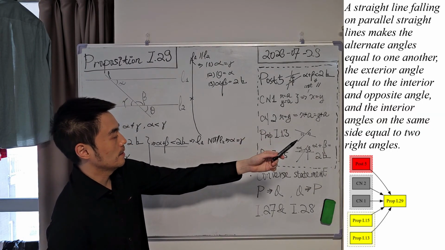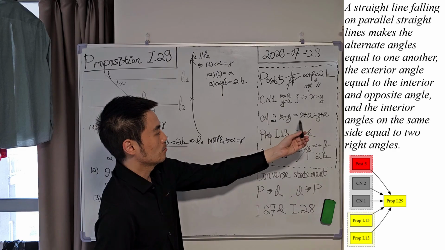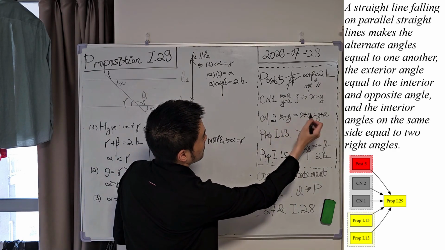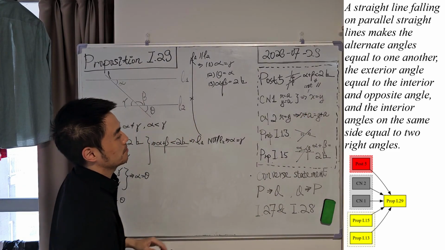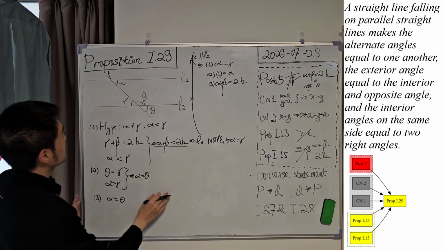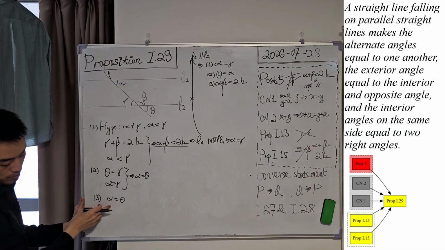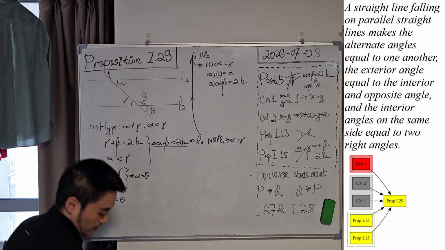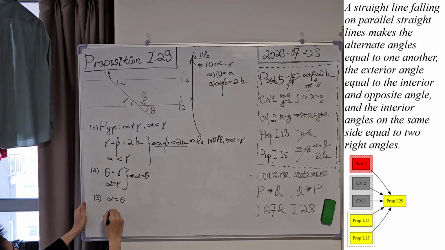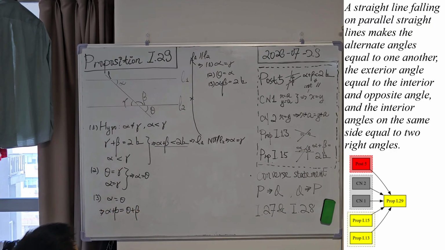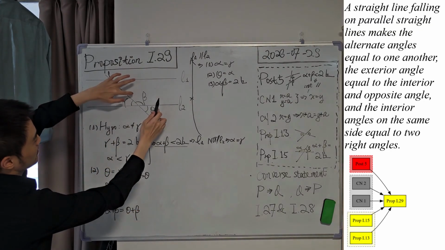It says if we add the same thing to two equal things, the results are the same. So let us add beta to both sides of this equality. Then we know alpha plus beta will be equal to theta plus beta.